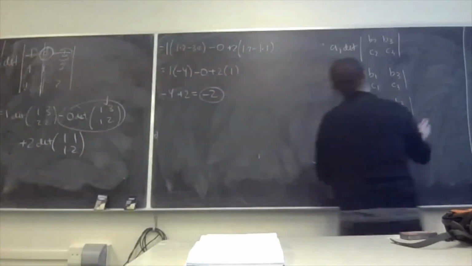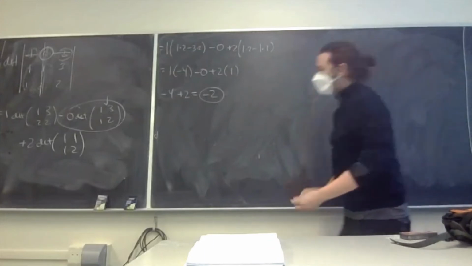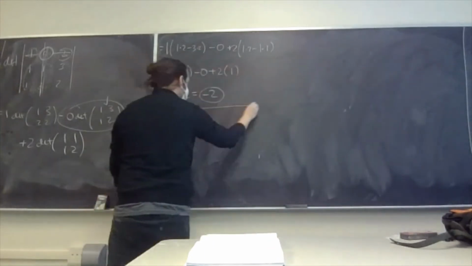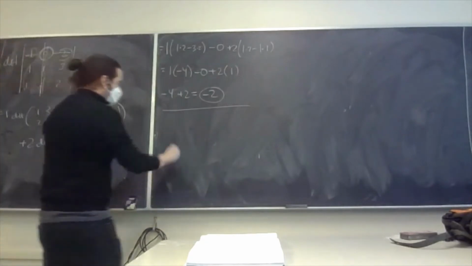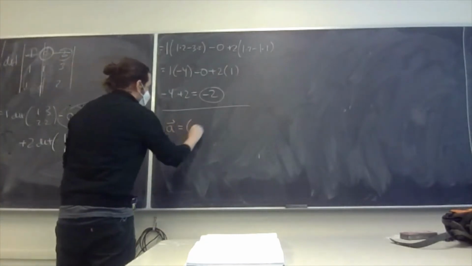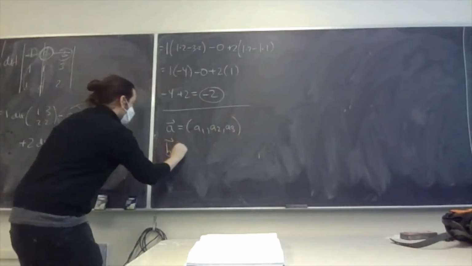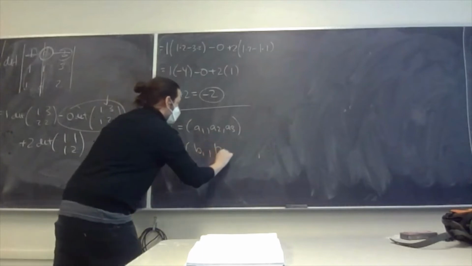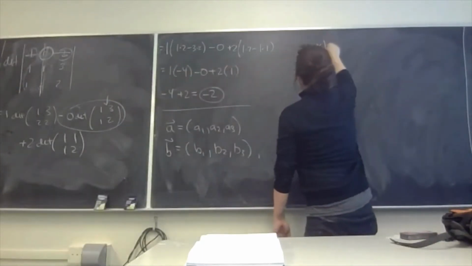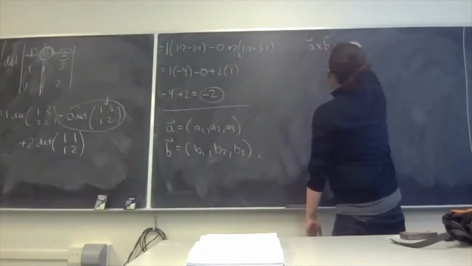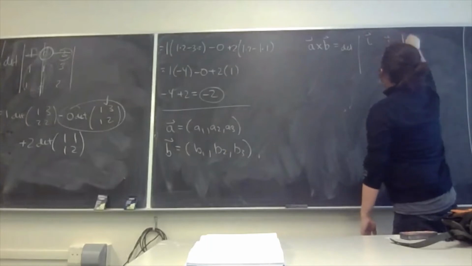Now that seems like an awful lot of busy work for not a lot of reward. But it turns out you can use the determinant to recall the formula for the cross product. Namely, if A is equal to (A1, A2, A3), and B is equal to (B1, B2, B3), then A cross B is the determinant of the matrix where you put I, J, and K up here.